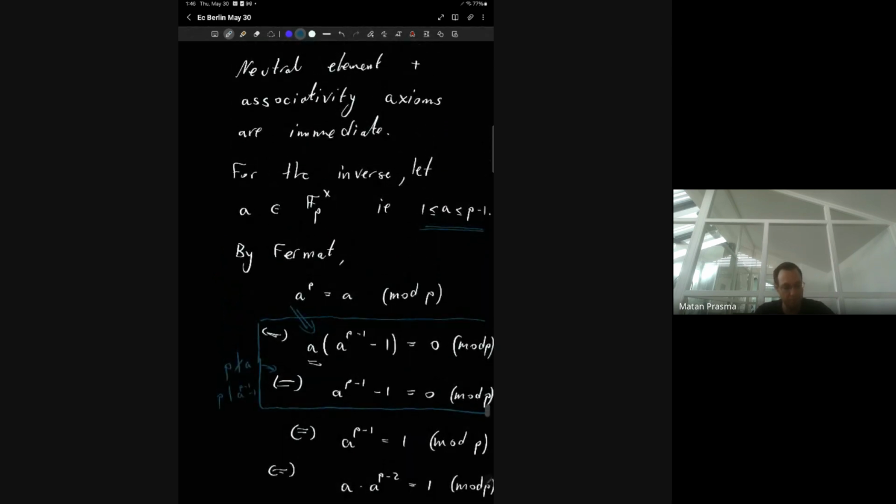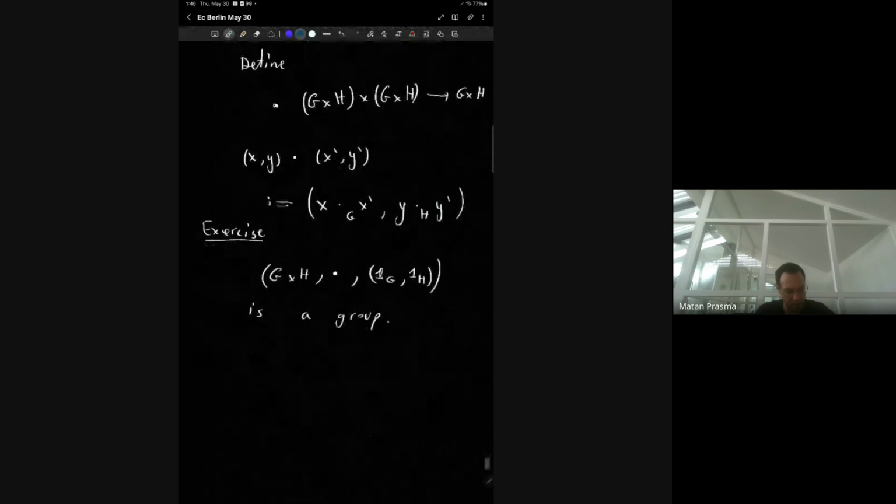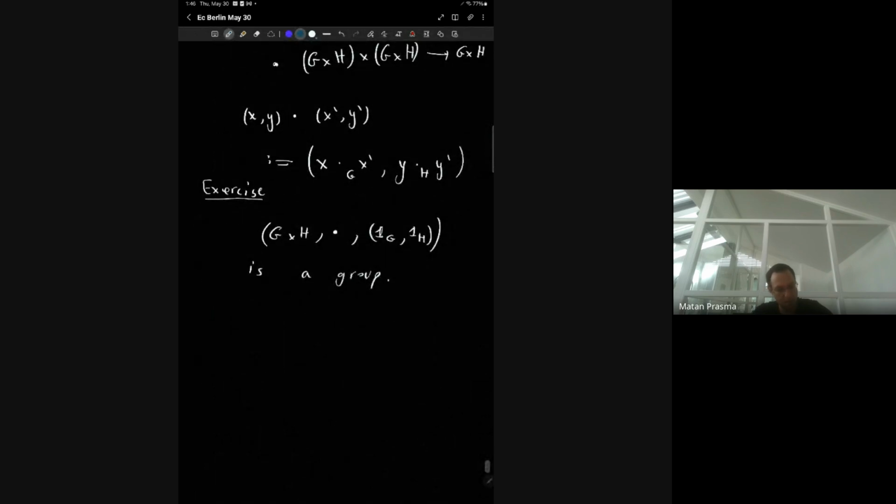from the set Fp, let me write it here, we take the set 0, 1 up to p minus 1. This I call Fp. And I call Fp star the set 1 up to p minus 1.